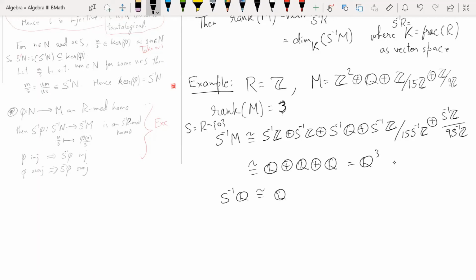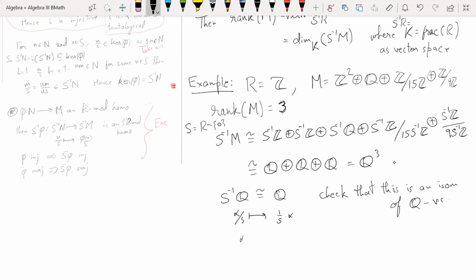You can just check this. What will be the map? Q is already a fraction, so let's call an element alpha over s, where alpha is some rational number, then this goes to 1 over s times alpha. That's also a rational number. So this is the map, and you can check that this is an isomorphism of Q vector spaces.